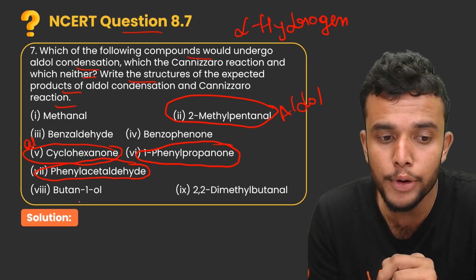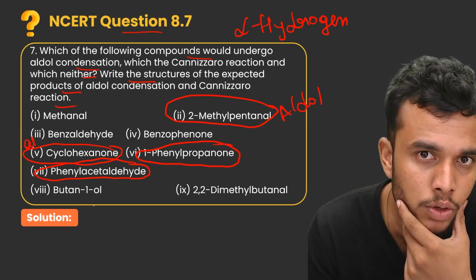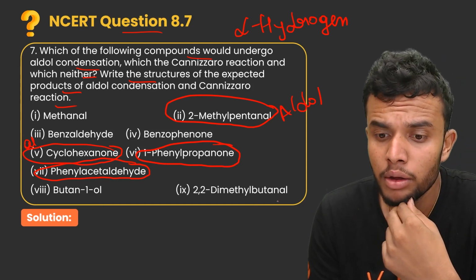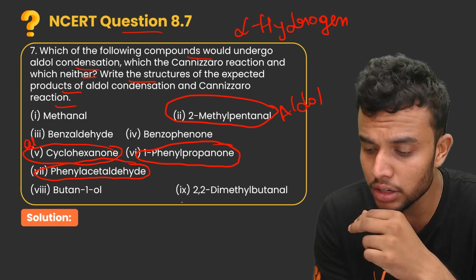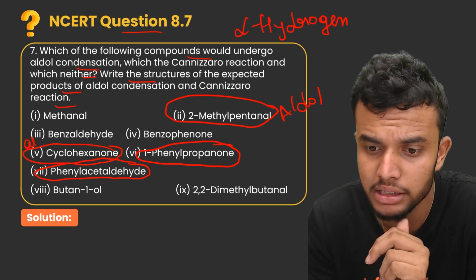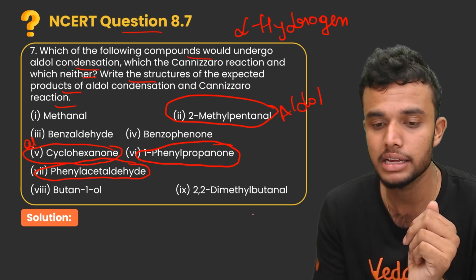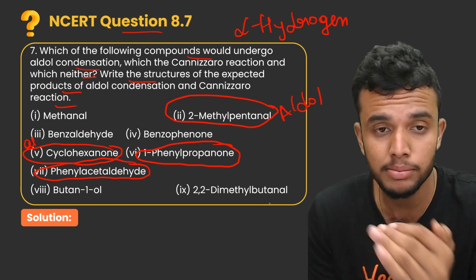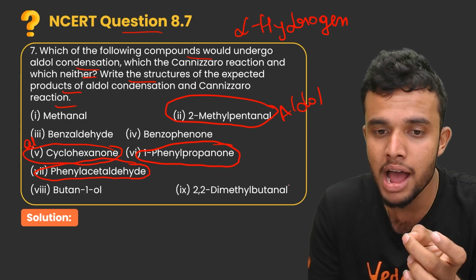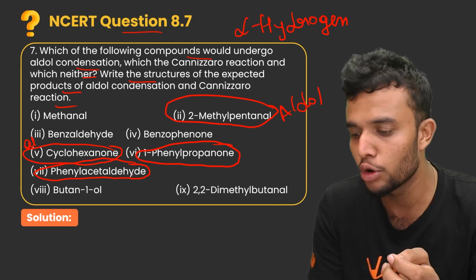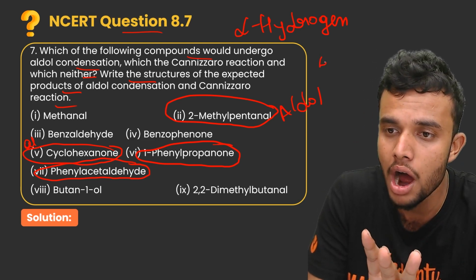Next, butanol, an alcohol. Does an alcohol undergo aldol condensation? No. 2,2-dimethyl butanol: is any alpha hydrogen there? No, 2,2-dimethyl is there, so the structure is different, and it does not undergo aldol condensation. So, 1, 2, 3, 4: totally 4 compounds undergo aldol condensation.